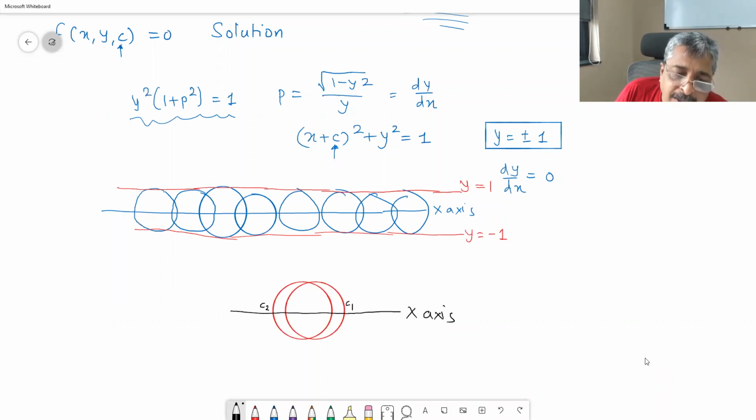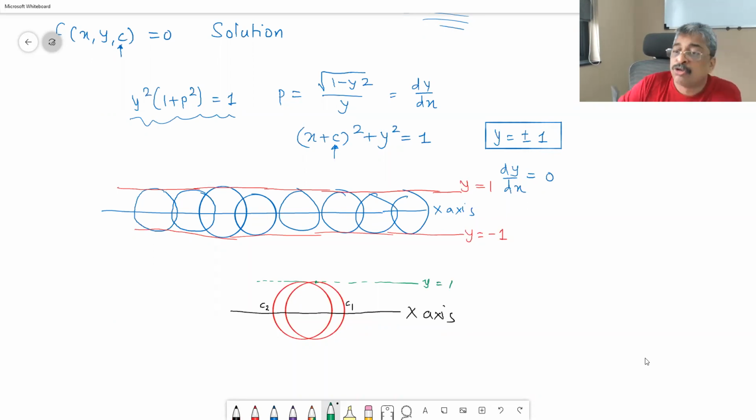But now you have to consider a limiting case when this C2 starts coming closer and closer to C1. Maintain a gap, but they start coming closer to C1, and at this point, if you observe the tangent to the circle, it is horizontal, y is equal to 1.